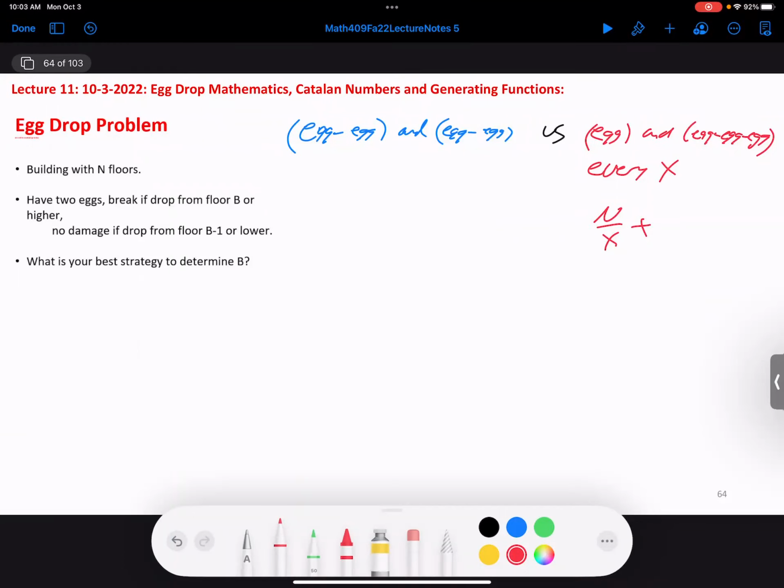It was on the order of n if you have n floors and 1 egg, square root of n if you have 2 eggs and n floors. What was it with 3 eggs? Was it 2/3?